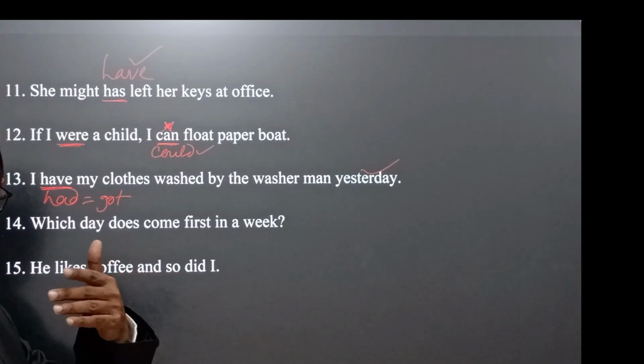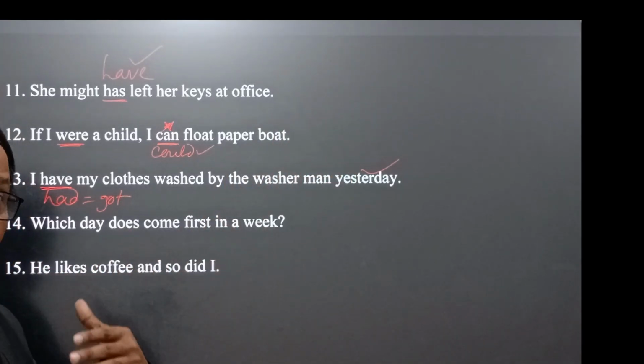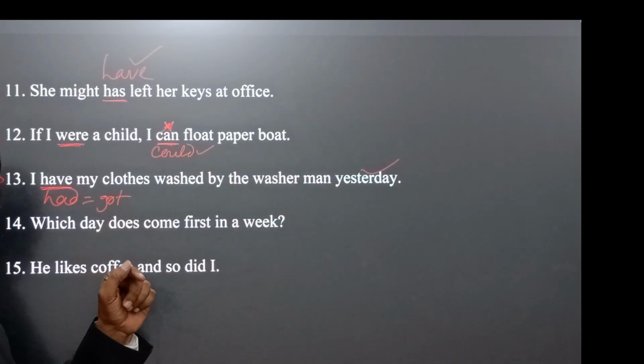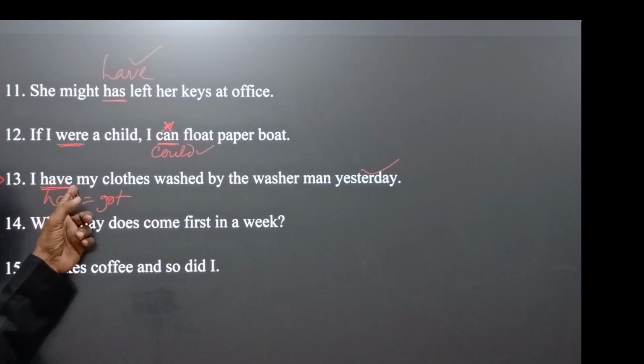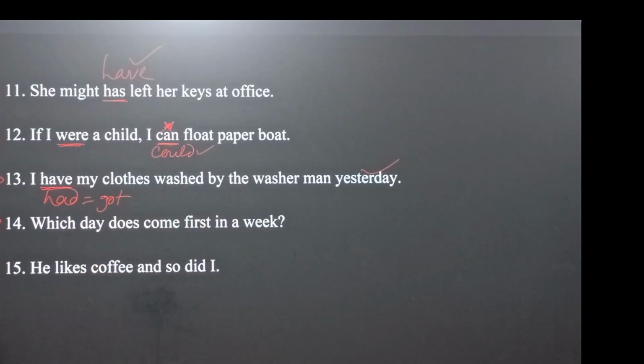Whenever we don't do the work ourselves, we get our work or had our work done by another person, this structure is used. Here had plus object is my clothes and past participle is washed. Question number 14. Which day does come first in a week?